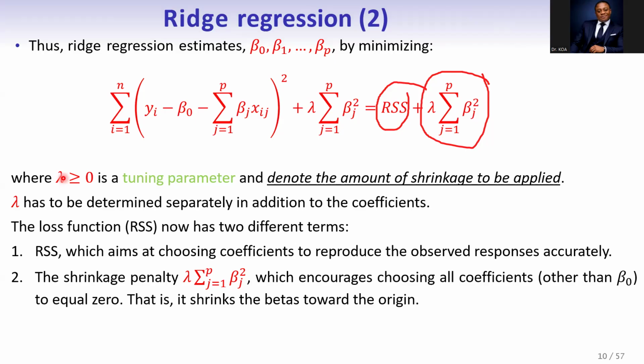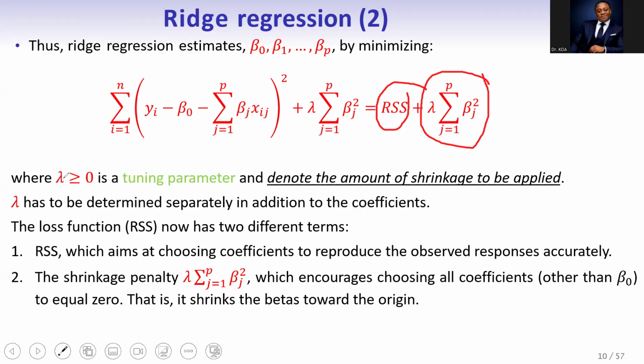So the new loss function under the ridge regression, the new residual sum of squares, is made up of the RSS plus the shrinkage penalty. The shrinkage penalty is going to encourage choosing all coefficients, other than the beta naught, because the beta naught is not important, by shrinking these betas towards the origin, towards the 0.